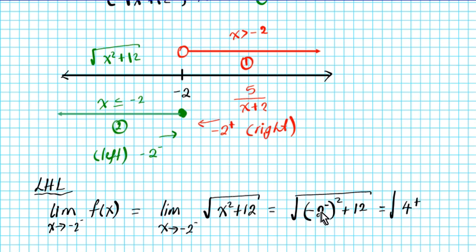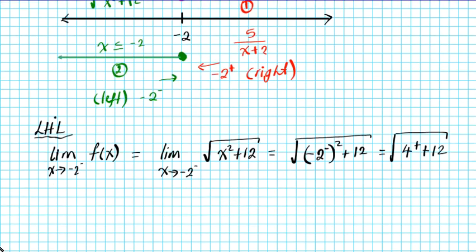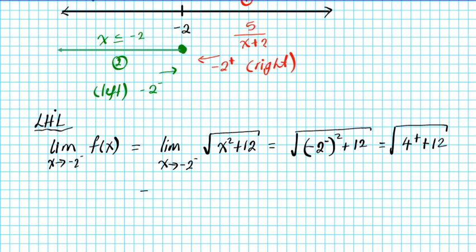You square both the direction and the sign changes. You add that to 12. And then that simplifies to the square root of 16 from the right. Square root of 16 from the right is 4 from the right. The number that you're approaching is 4.